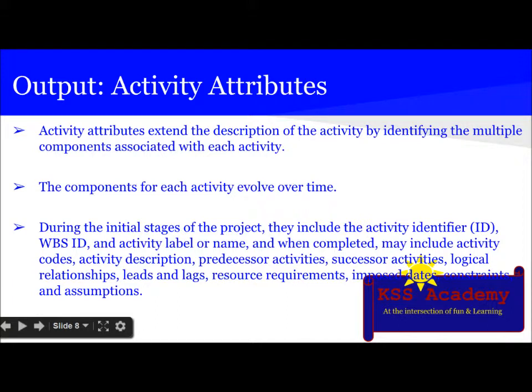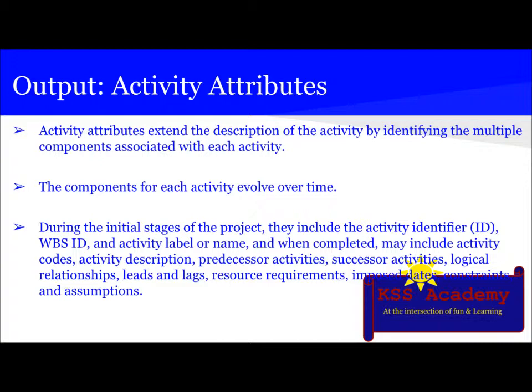What are activity attributes? Activity attributes extend the description of the activity by identifying the multiple components associated with each activity. The components of each activity evolve over time. During initial stages of the project, they include the activity identifier, WBS ID, activity label or name.